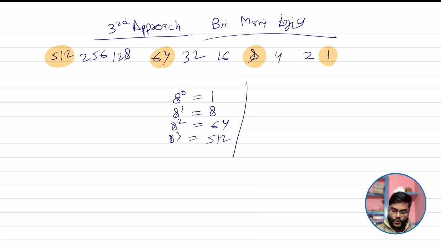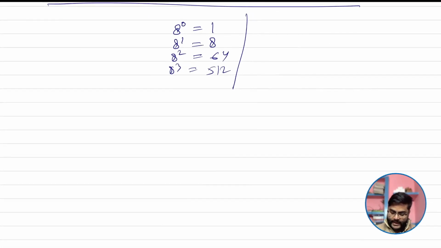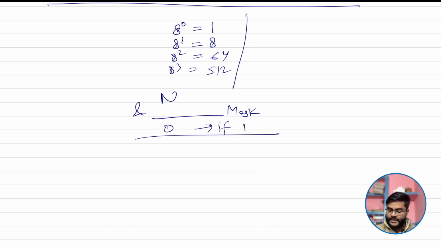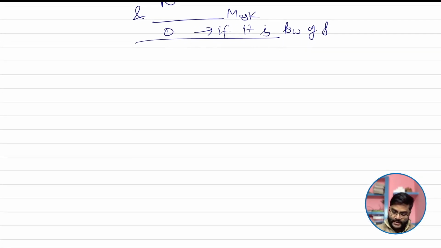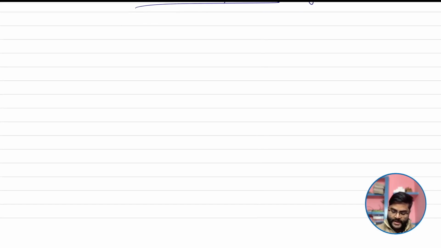Okay. So for this, what I want to do is AND with my mask such that it will give me 0 if it is a power of 8. Again, I'm repeating, let's say my number is 512. Okay, I'm taking a big number now.